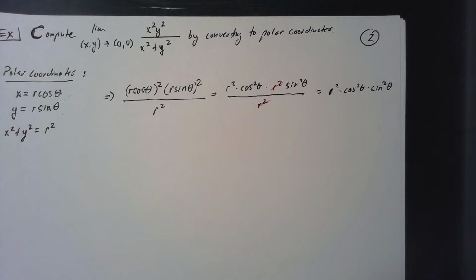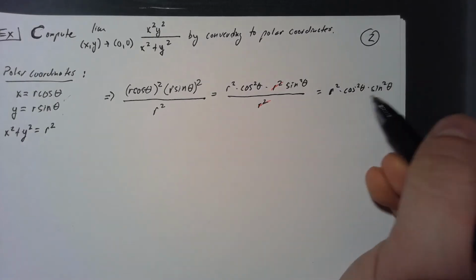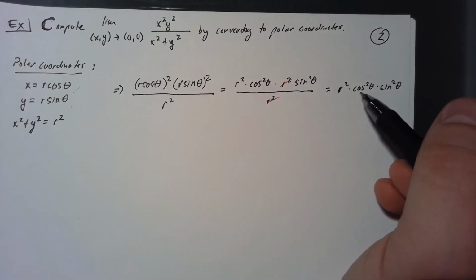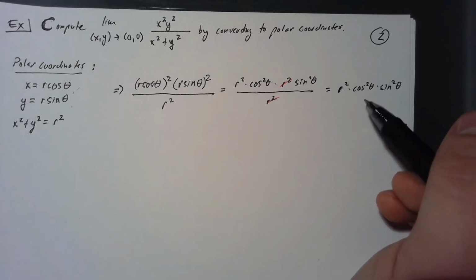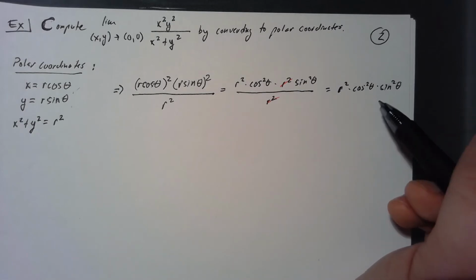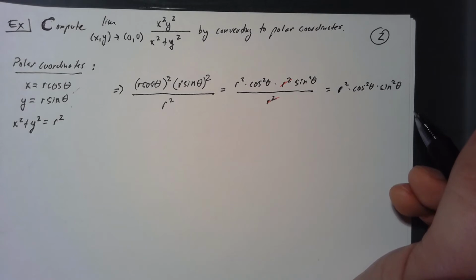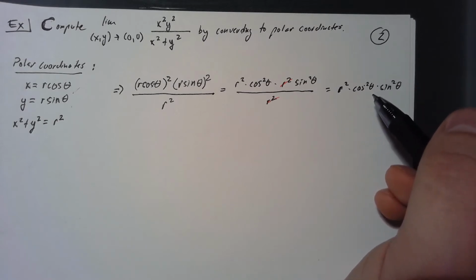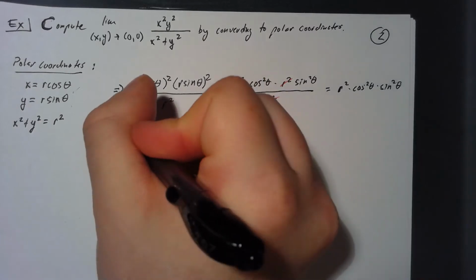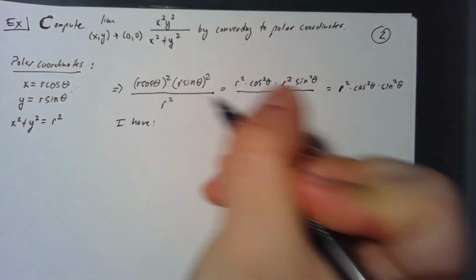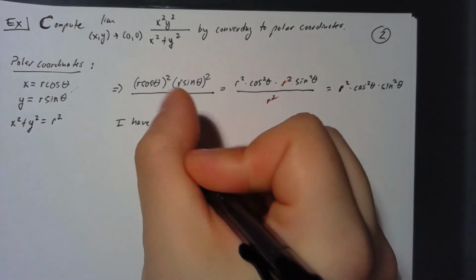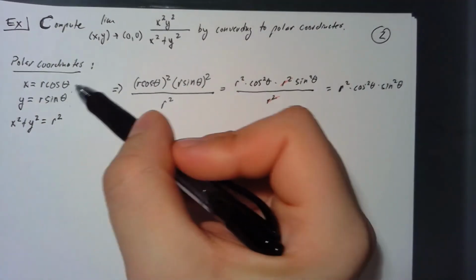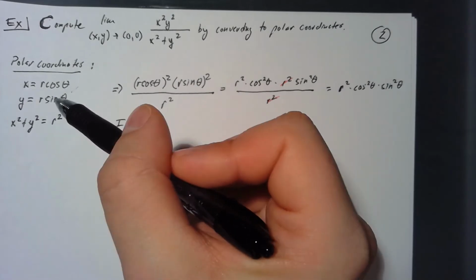So now I have a function in terms of r and theta. x is in terms of r and theta, and y is in terms of r and theta.